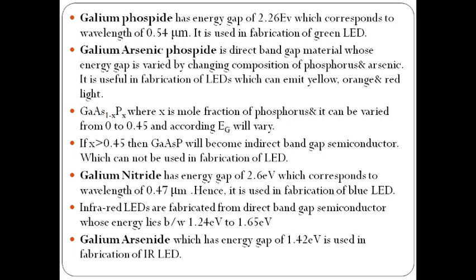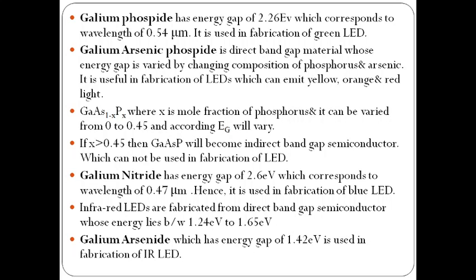Infrared LEDs are also fabricated from direct band gap materials whose energy gap is 1.24 electron volt to 1.65 electron volt. Next, gallium arsenide has an energy gap of 1.42 electron volt, and it is used in the fabrication of IR LEDs.